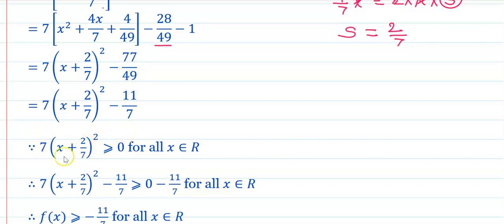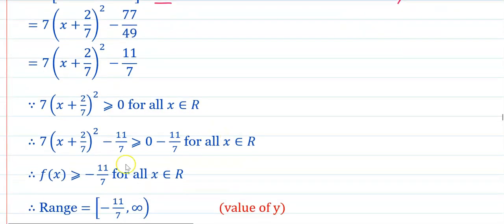Okay, it is clear that 7 into x plus 2 upon 7 bracket square is clearly positive, greater than or equal to 0 for all x belongs to set of real numbers. Okay, now next if we subtract minus 11 upon 7 from both sides of this equation, then it is clear that what is this, this is the f of x.